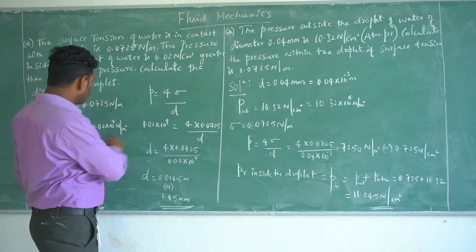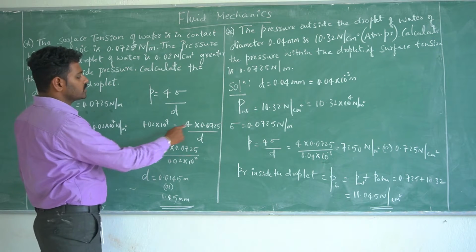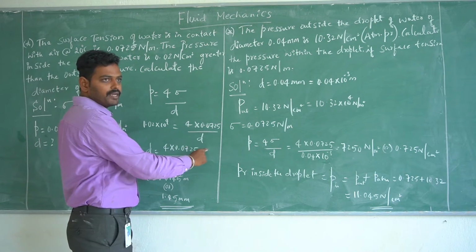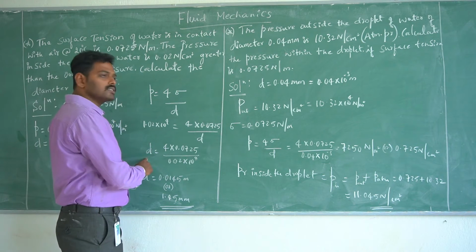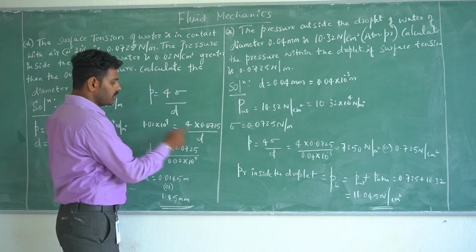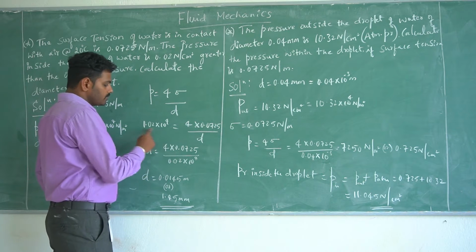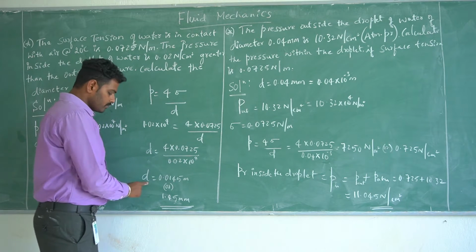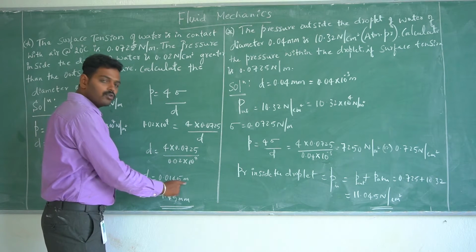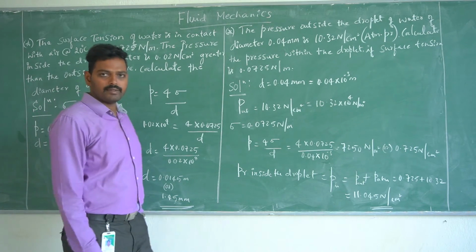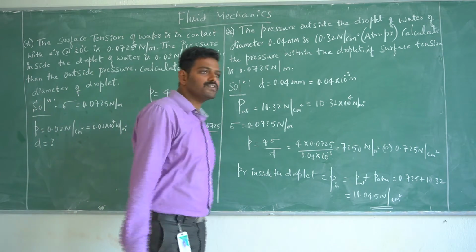P is given as 0.02 into 10 power 4, equal to 4 into sigma, 0.0725, divided by D. The unknown is the diameter. Just do the cross multiplication. Then you get 4 into 0.0725 by 0.02 into 10 power 4. The diameter is 0.0145 meter or 1.45 millimeter. So this is the first numerical.